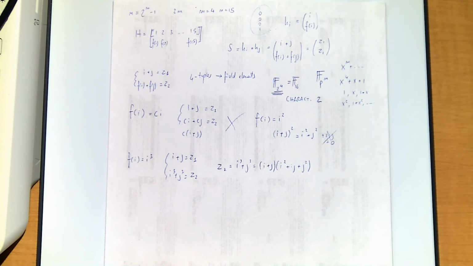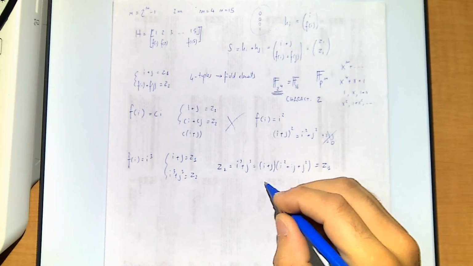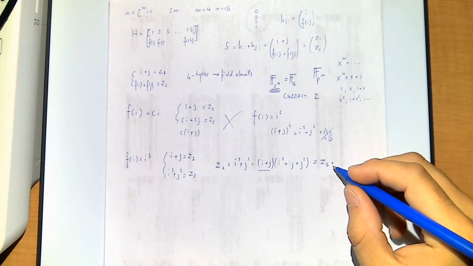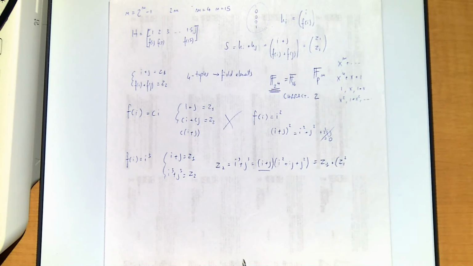This is a college algebra thing. Now, I plus j is exactly z1, and this is almost z1 squared. I plus j squared would be two of these, so there's one of them missing.